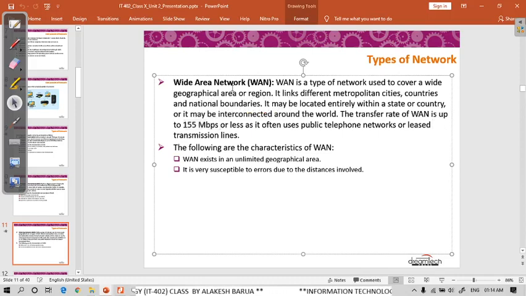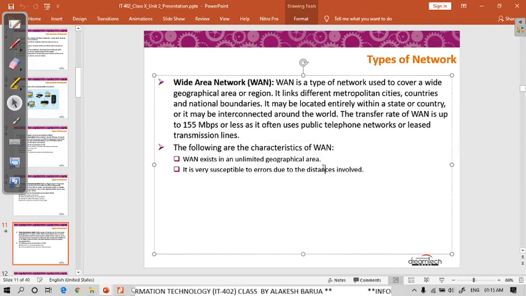So think of a WAN as the biggest type of computer network. It spans across countries. A WAN exists in an unlimited geographical area, not just a country or even two or three countries. It is very susceptible to errors due to the distances involved.